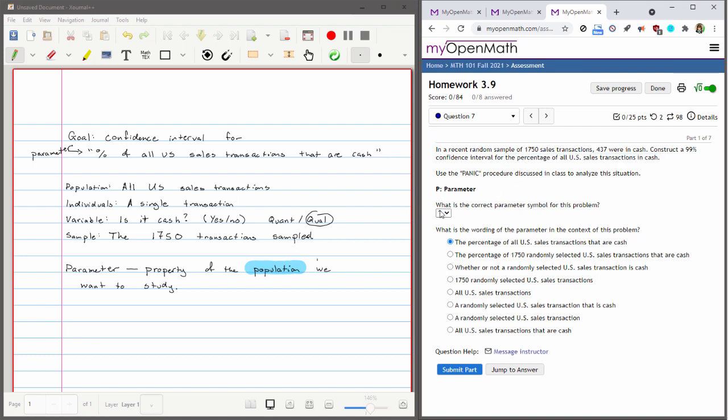Now, we also have to pick the symbol. I'm going to give you a quick rundown of what all of these symbols mean. When we're constructing confidence intervals in this class, it's all going to be something similar. So, X is a random variable. Mu is the population mean.